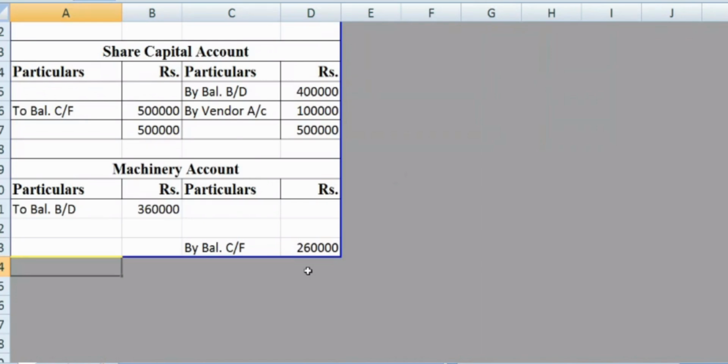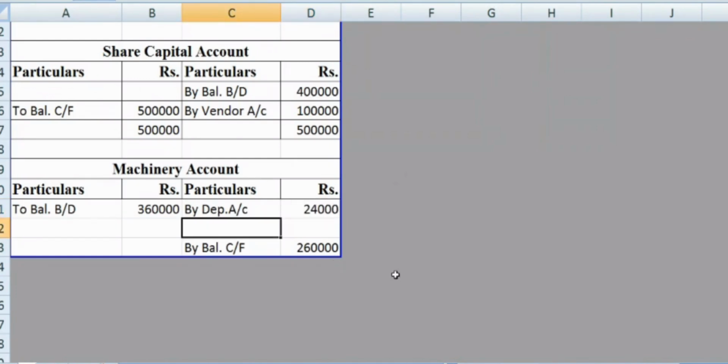Now the point is depreciation. So on the credit side we write by depreciation. What is the amount of depreciation here? 24,000. So we write the 24,000 here.